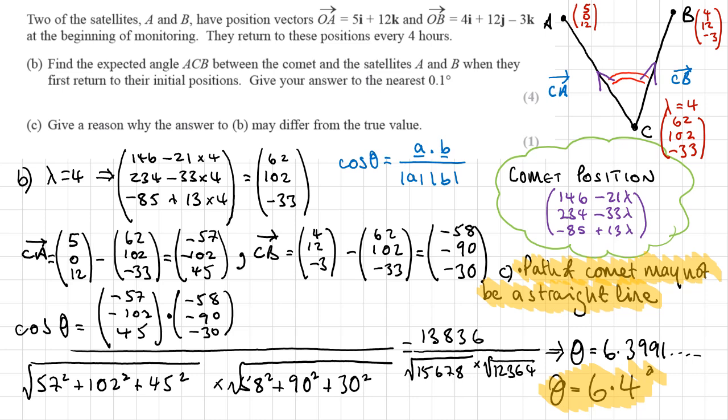So that would be my main reason for saying why my actual answer for part B would differ from the actual true value, because of the path of the comet not being exactly a straight line. It's affected by gravitational pull.